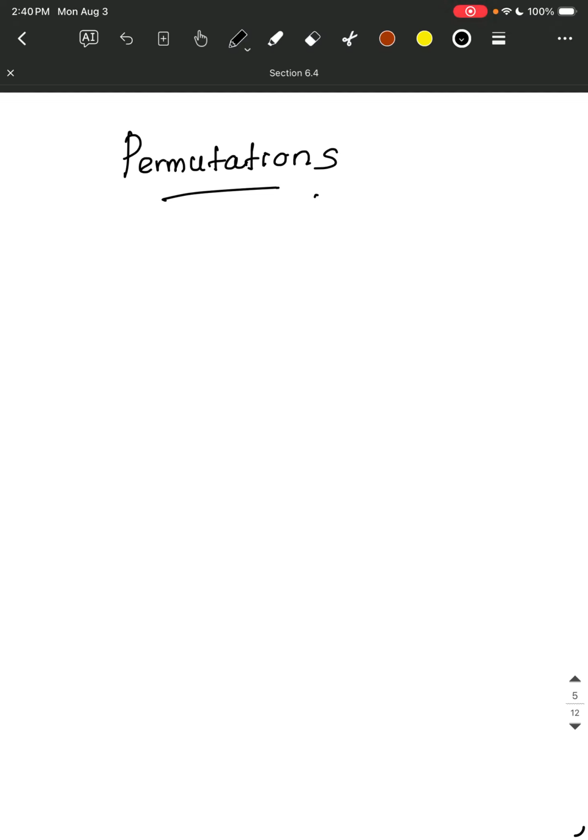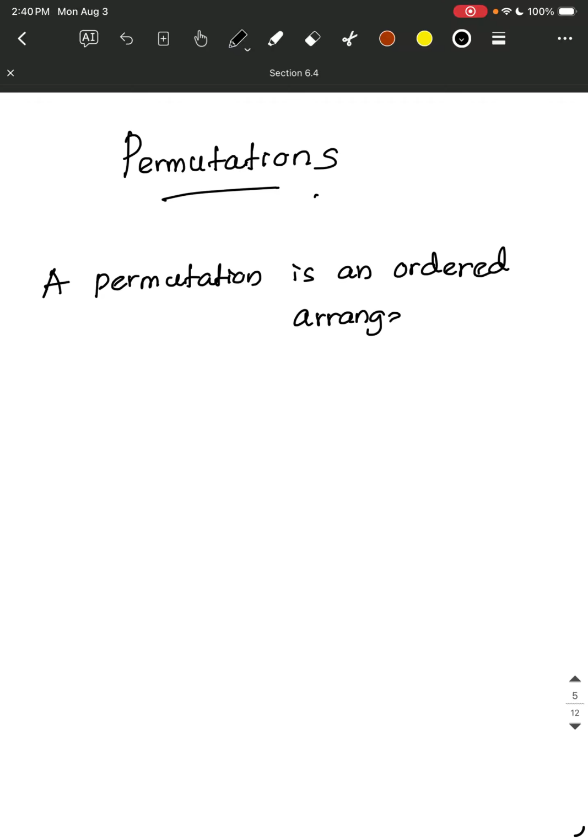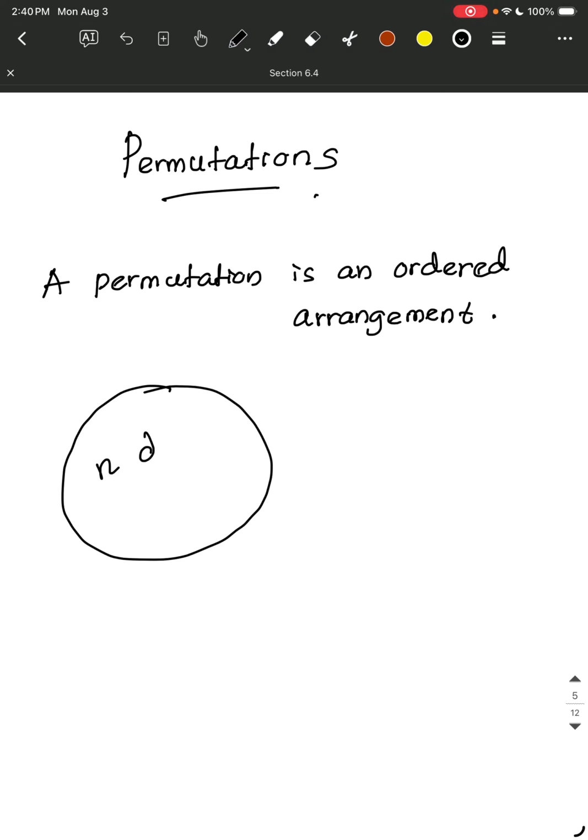Simply, we can say a permutation is an ordered arrangement of r distinct objects selected from n distinct objects. So here we have n distinct objects.